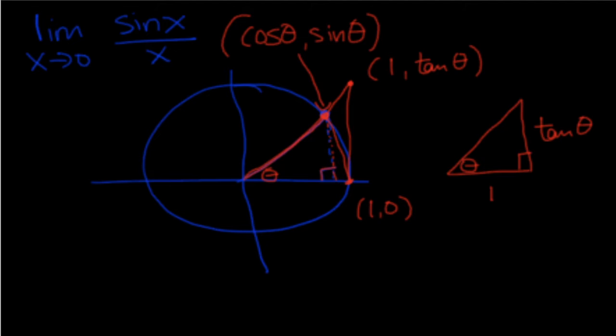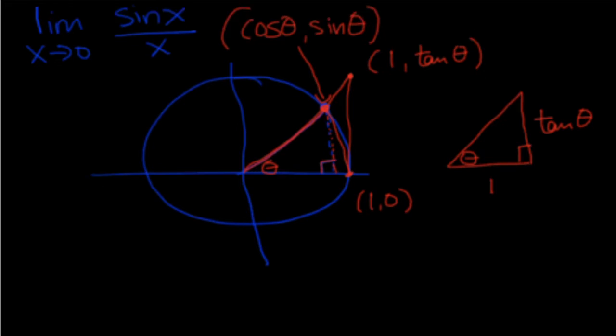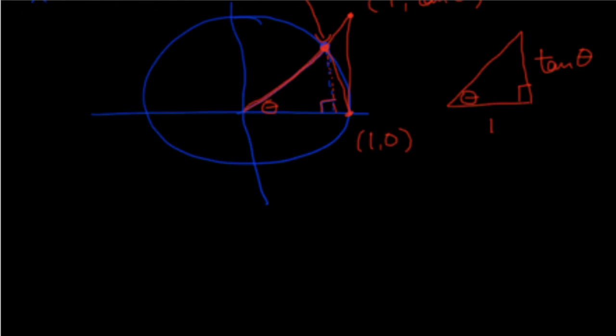Okay. So let's look at these three special triangles closer. The first one we're going to be looking at is the big triangle. So we're going to have this triangle. The angle is theta. The base is 1.